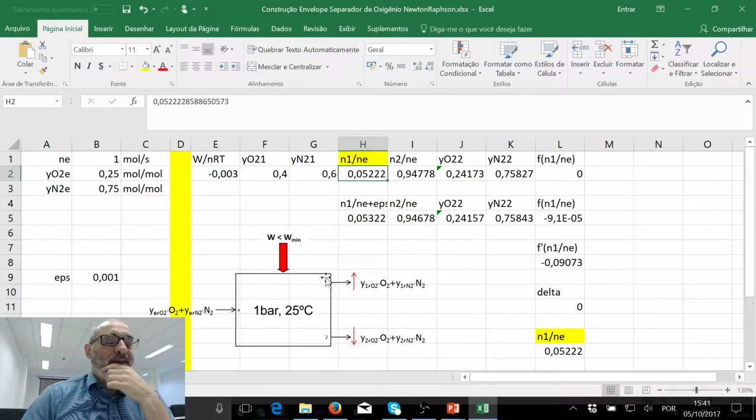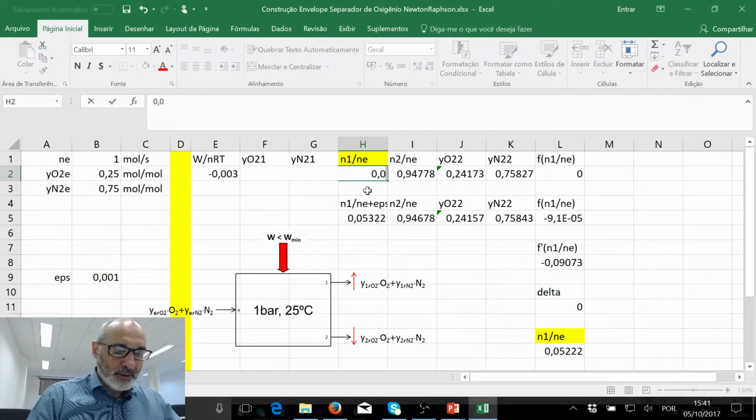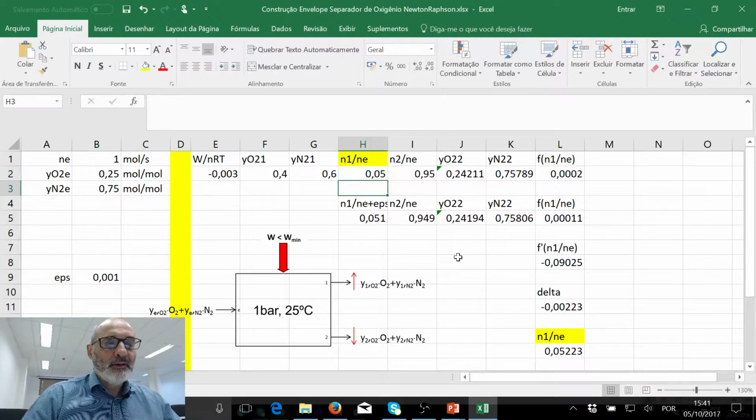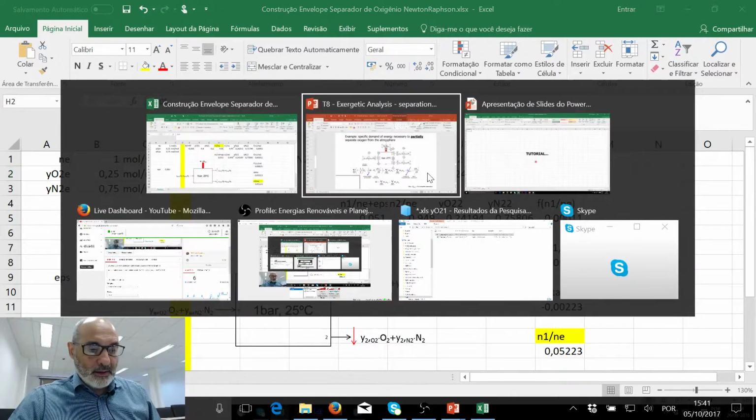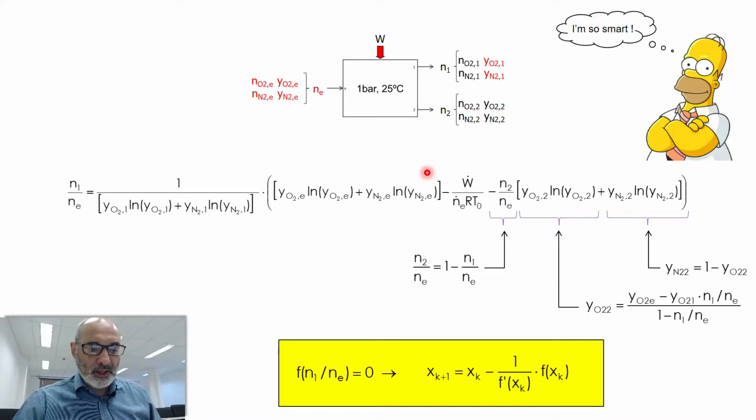So now starts the Newton-Raphson method here. It starts by estimating the variable n1 divided by ne. That's the unknown that we're going to solve with the help of the Newton-Raphson method. So I'm estimating that, let's put a round number, 0.05. When I do this, let me go back to the presentation.